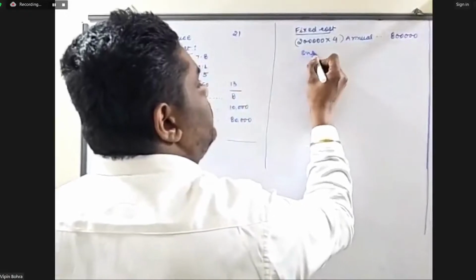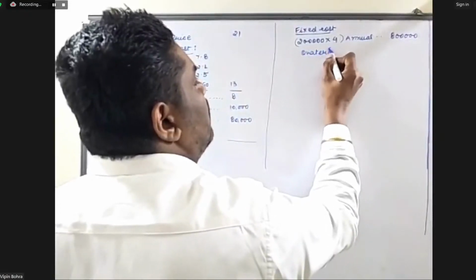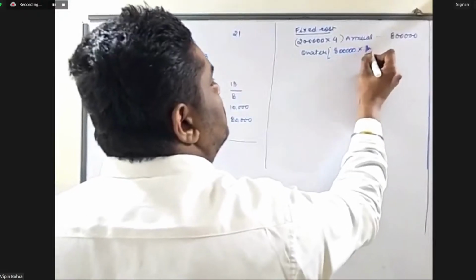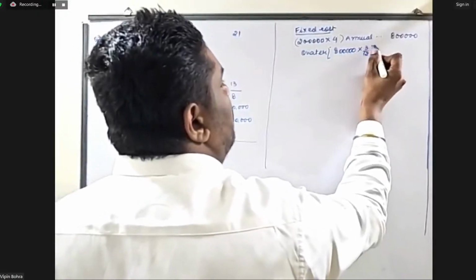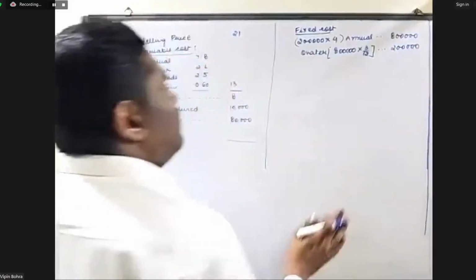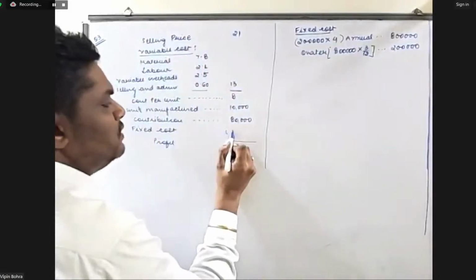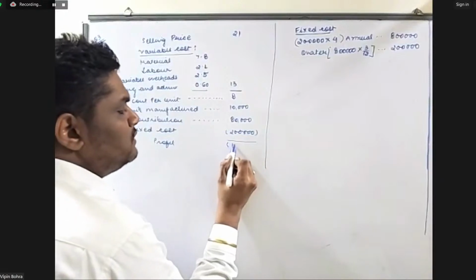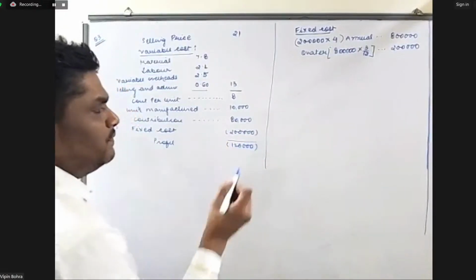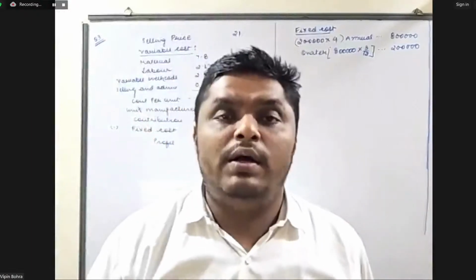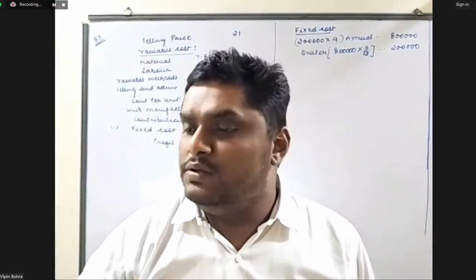For a quarter, a quarter is of 3 months, so this will be 2 lakh. So my fixed cost is 2 lakh, so that there is a loss of 1,20,000. So if we operate during this quarter, there is a loss of 1,20,000.